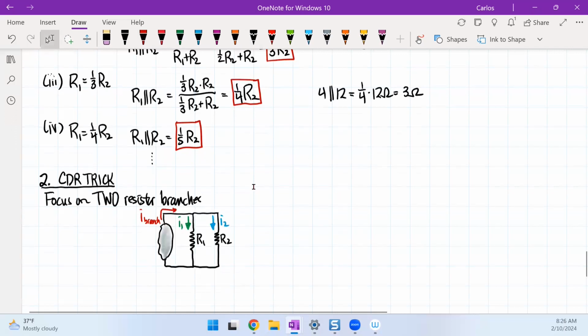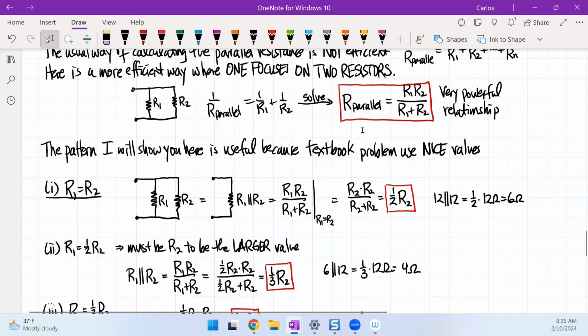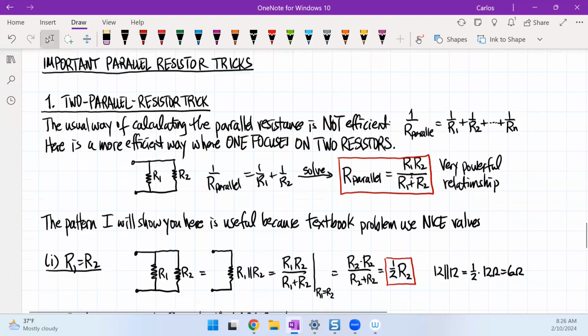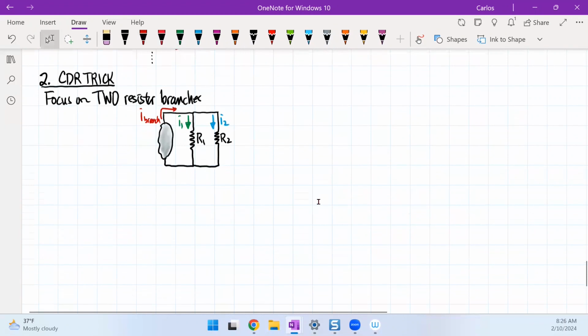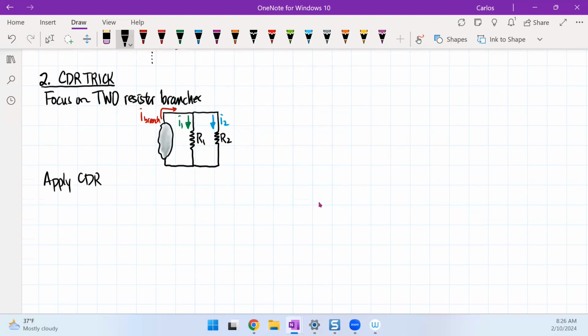Now using the trick up above, which is this parallel relationship, it makes life a lot easier. So here we go. Apply CDR to get I1 and I2.